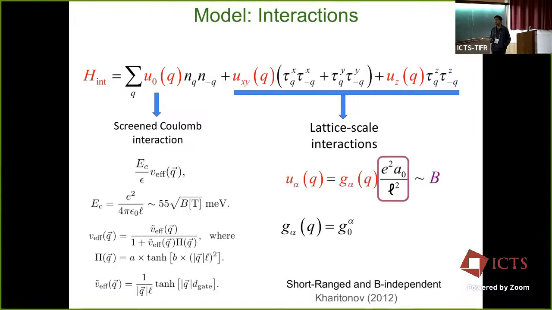The lattice scale interactions, to begin with, we start with just the Kharitonov model, where we assume that these interactions are both short-ranged, as well as independent of the magnetic field, up to an overall scale factor of B, which comes from projection into the Landau levels.